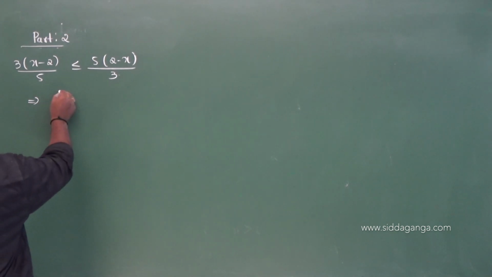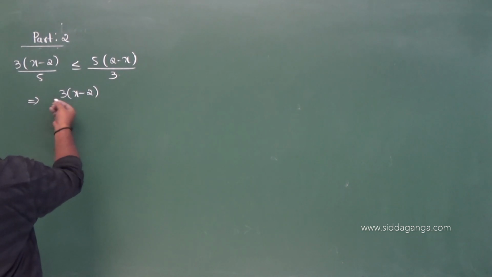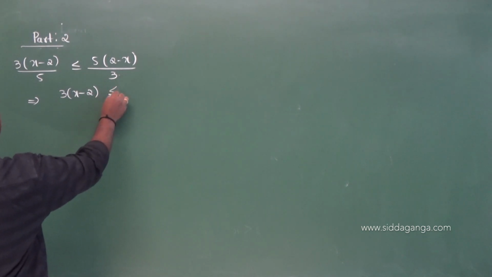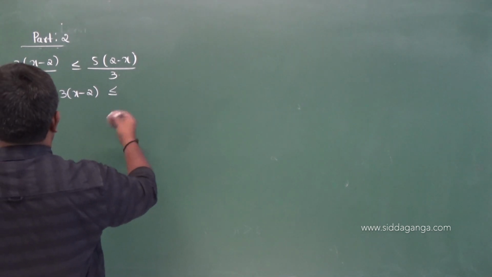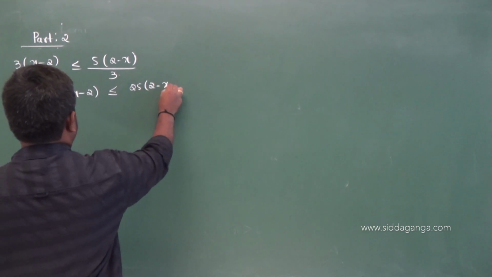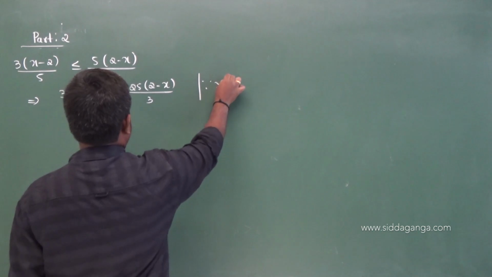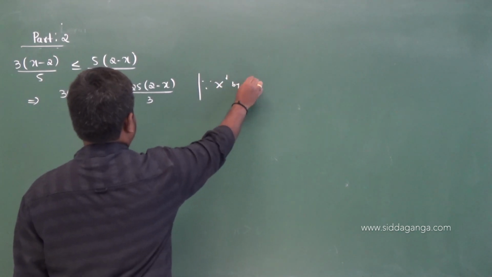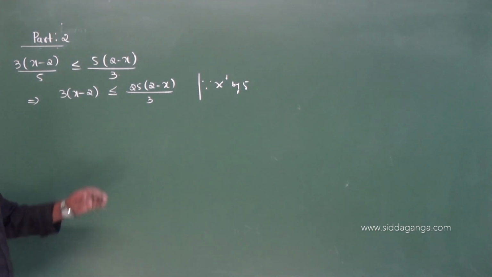So you get 3 into x minus 2 by 5, 5 gets cancelled, less than or equal to. Yes, I am multiplying by 5 on both sides. It becomes 25 into 2 minus x by 3. So because here multiplied by 5, no need to write that step.